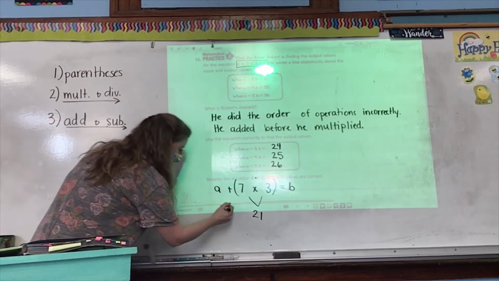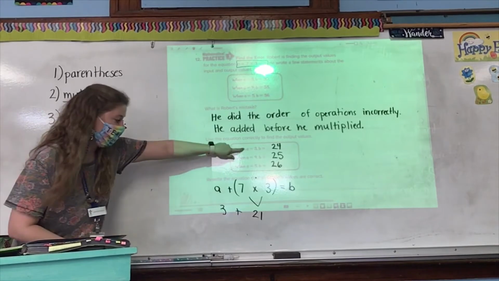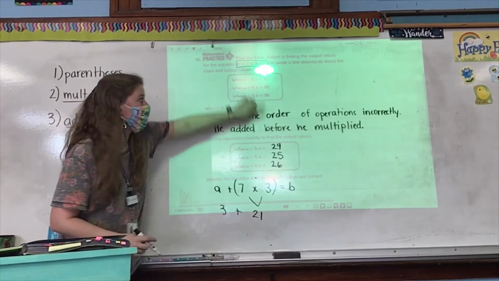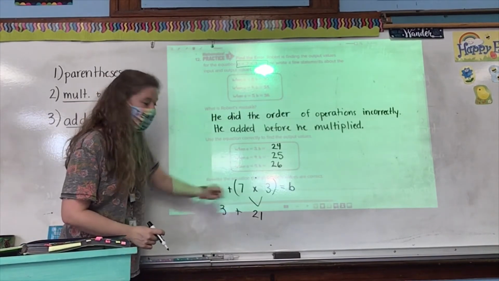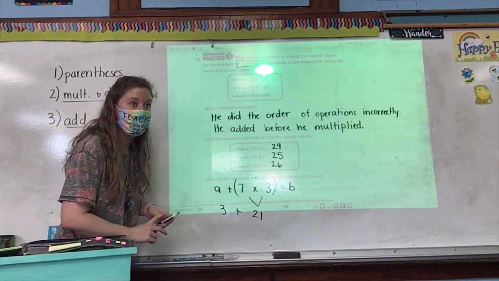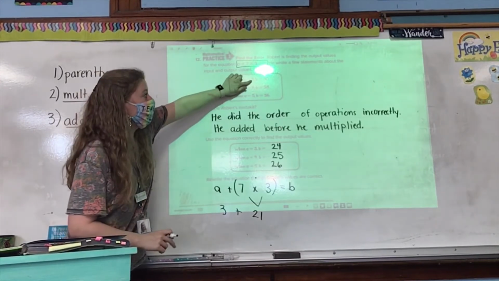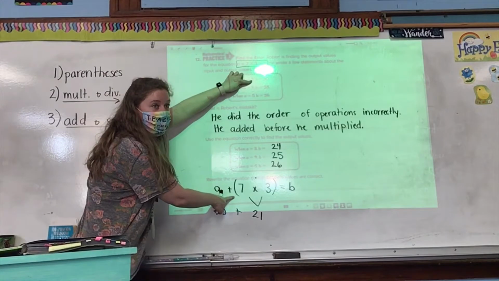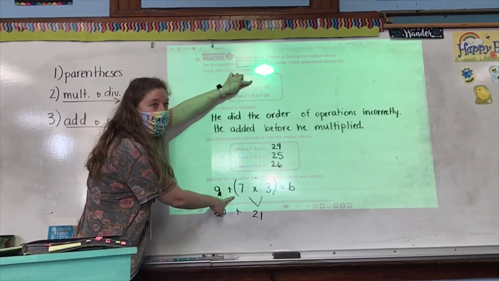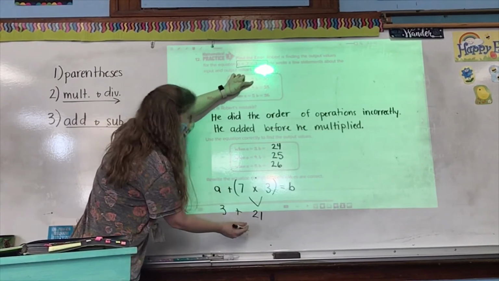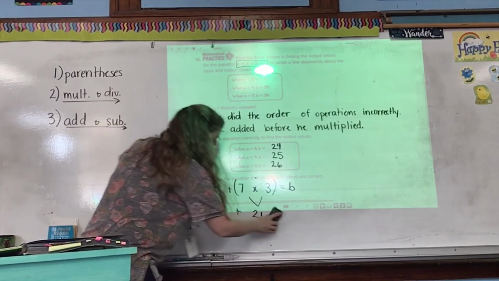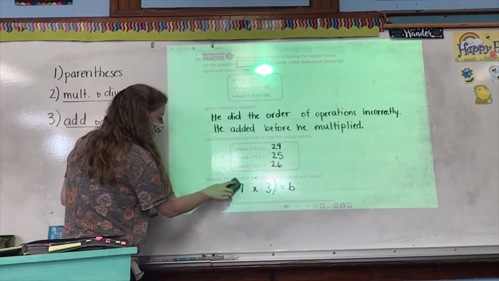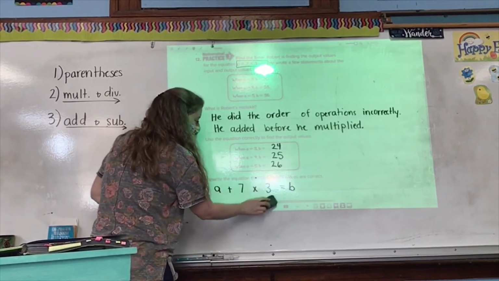And then if we change this to 3, well, we still get 24. So is his answer correct when we have parentheses around 7 times 3, Carla? No. So, the parentheses can't go around 7 times 3.